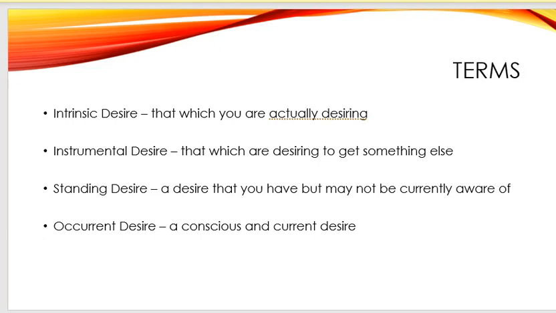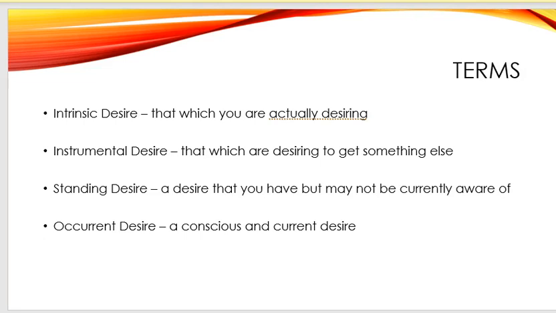There are also these things called standing desires and occurrent desires. A standing desire you'll see explained in more detail in Eker and Doring's paper. The standing desires are those desires which function in your life, but you're not noticing them immediately.